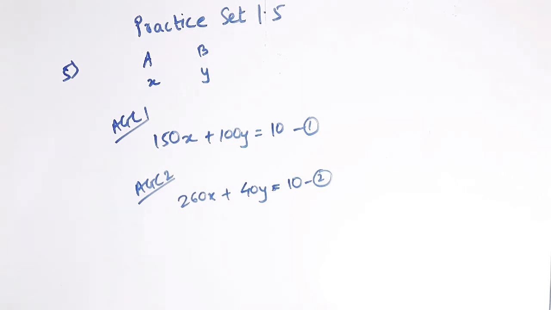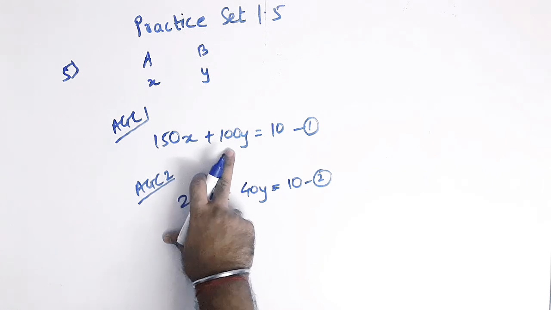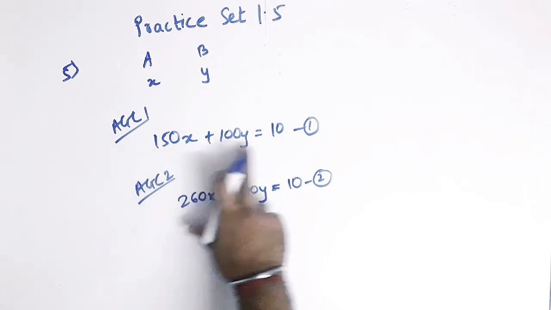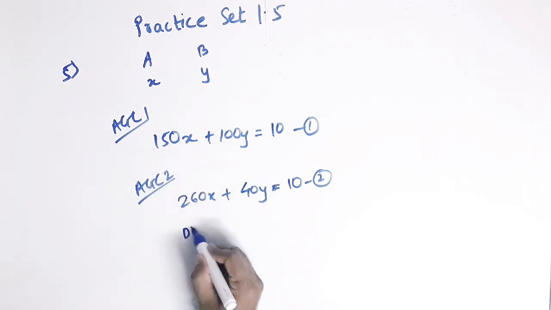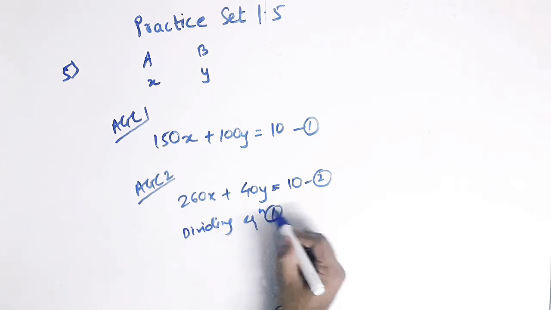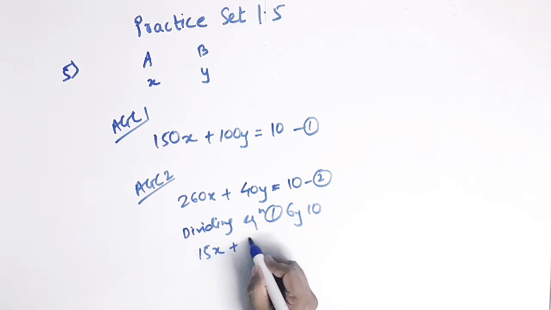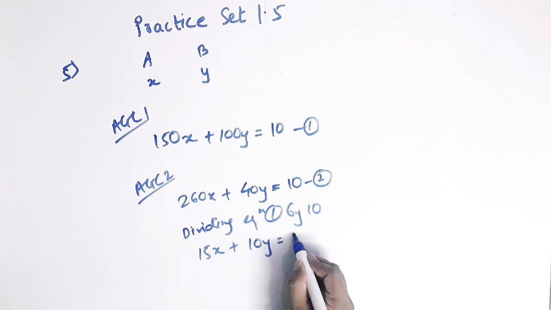We'll multiply this equation. We want this y to be 40. Let us say I want this y to be 40. So what will I do? I'll divide equation 1 by 10. So we got 15x plus 10y equals 1.